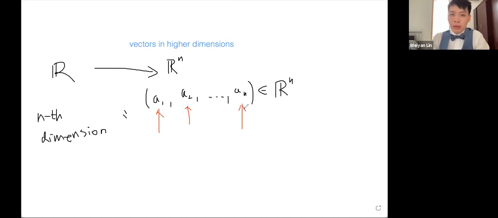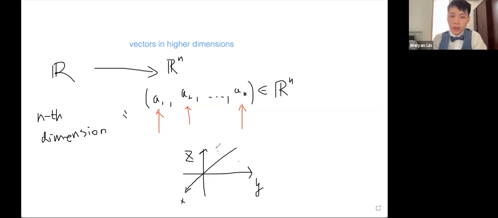And what does it look like geometrically? A vector in this case is (x, y, z).